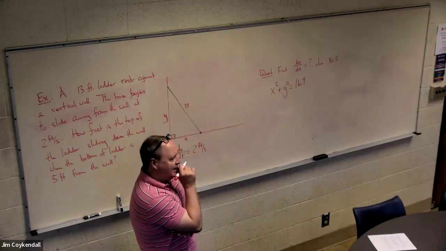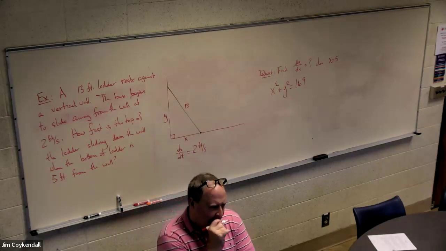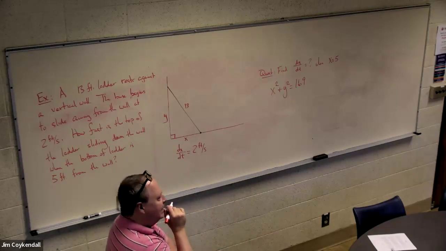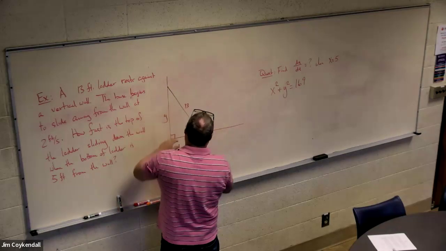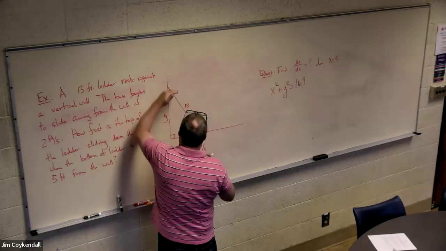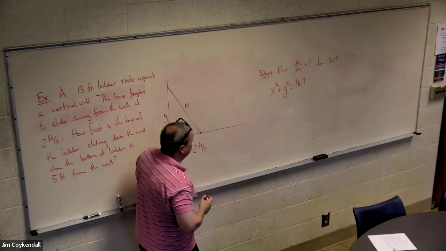Do you expect us to get a negative answer or a positive answer? I expect to get a negative answer, right? Because when that ladder slides down the wall, your X is getting bigger, but what's happening to your Y? Getting smaller. I expect to get a negative answer.